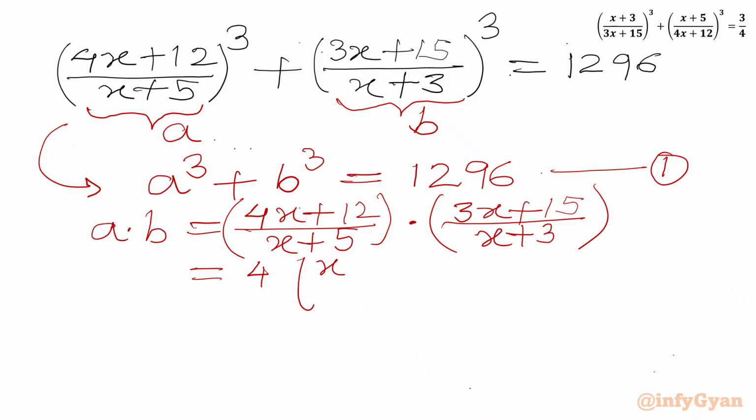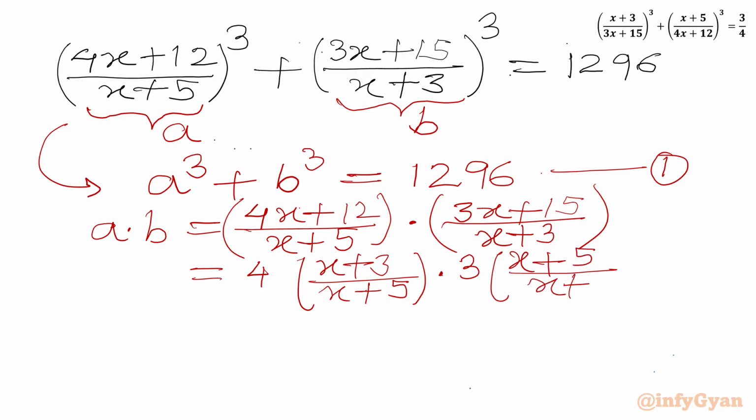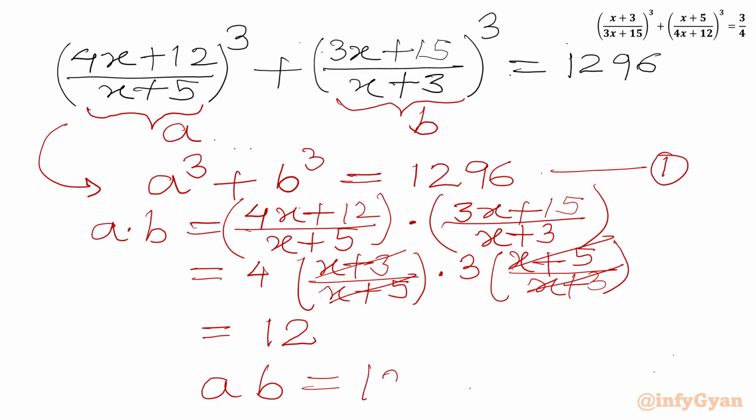So I will write x plus 3 over x plus 5 and 3 common from here, I will get x plus 5 over x plus 3. Now we can cancel x plus 5, x plus 5, x plus 3, x plus 3. So we will get A times B equal to 4 times 3, 12. Let me write here AB equal to 12. This is our equation number 2.